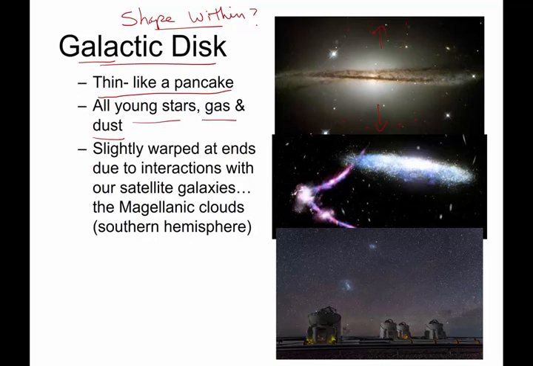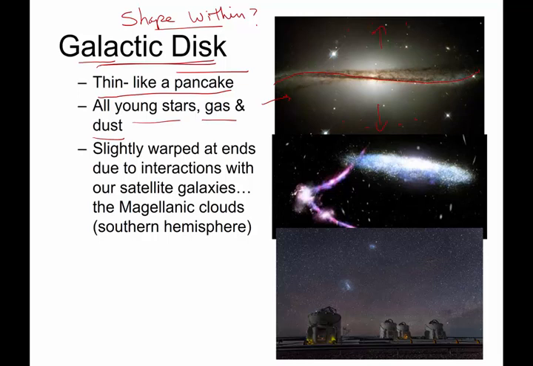We believe our Milky Way galaxy has a galactic disk that is not flat like a pancake. I love this picture right here, because you can kind of see that it's warped, like wings on a bird as it's trying to change flight.